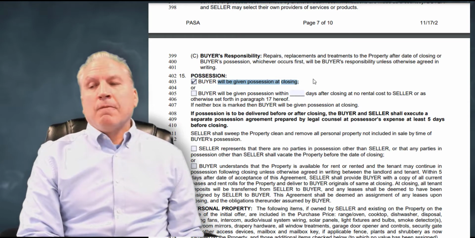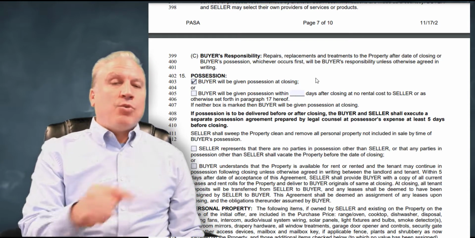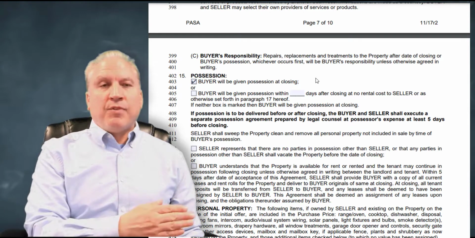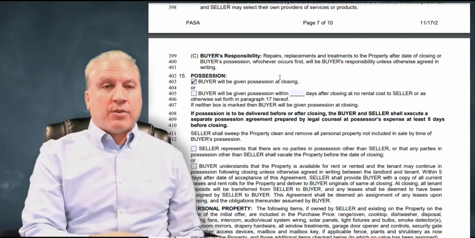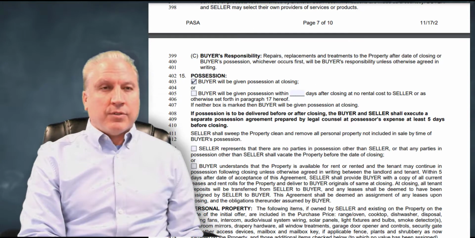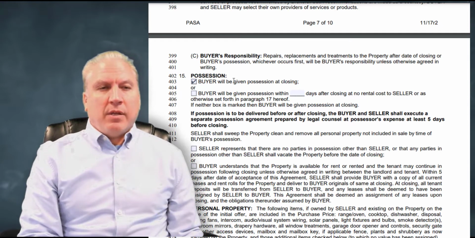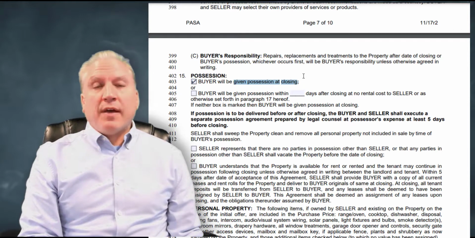In fact, we recommend on the day of closing, before you go to the closing, go to the house to make sure everybody's moved out and take pictures and maybe do one last walkthrough to make sure the condition is the same as what it was. We have seen cases where the house is supposed to be possession at closing, and the buyer doesn't go to the house or doesn't look at it.